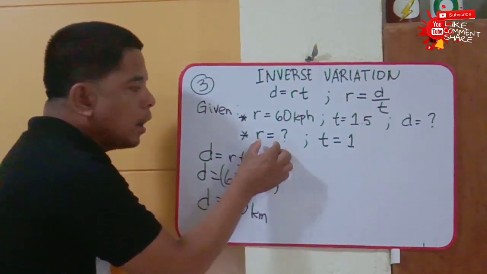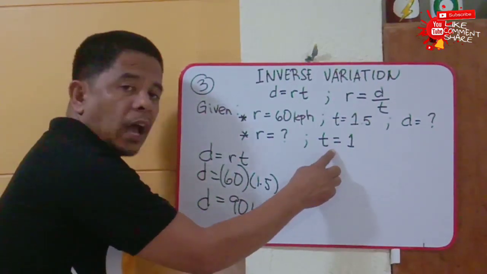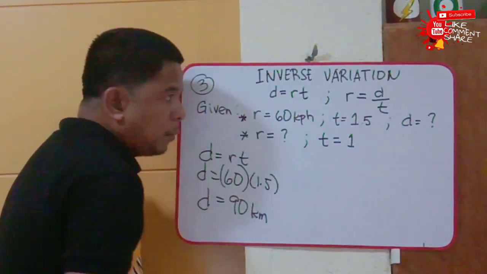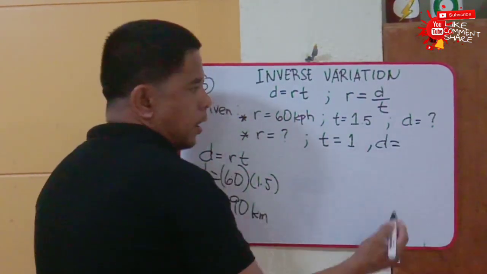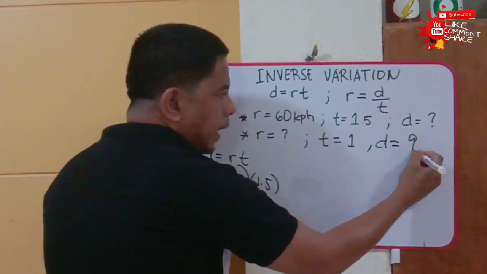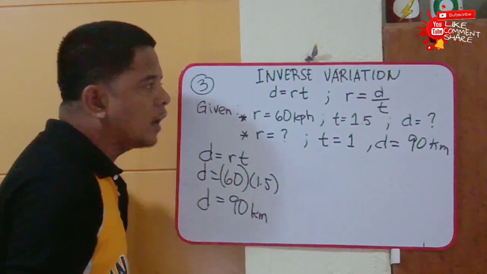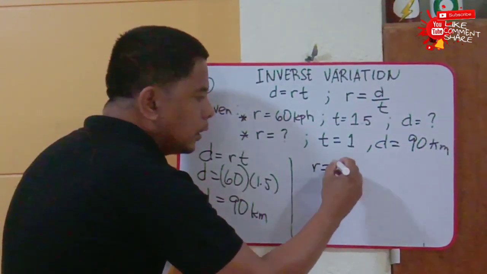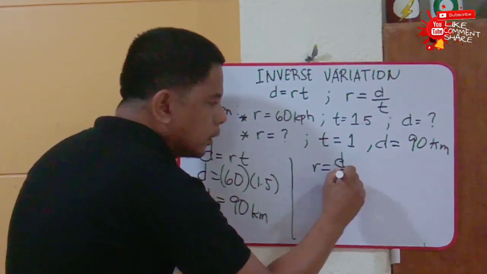Paano kung hinahanap natin ang rate, given tayo ng 1 hour at meron tayong same distance na ang distance natin na nakuha ay 90 km. So, ano ang formula na gagamitin natin? Rate equals distance over time.